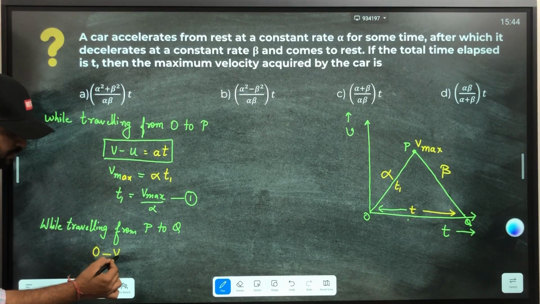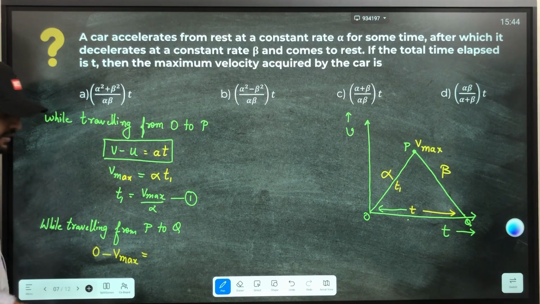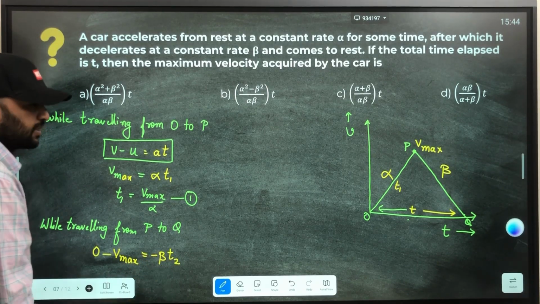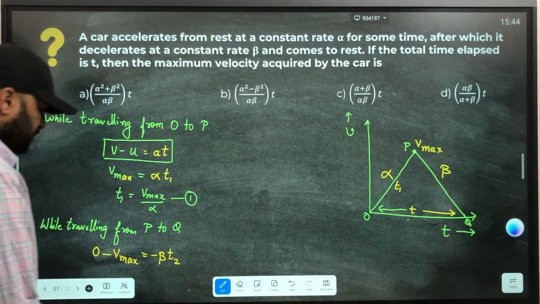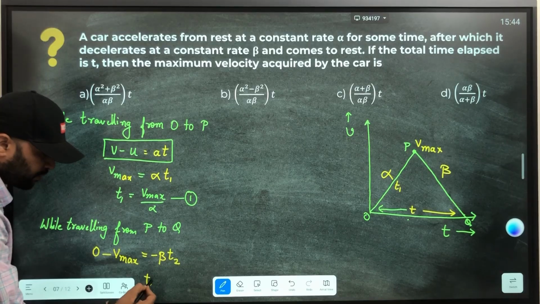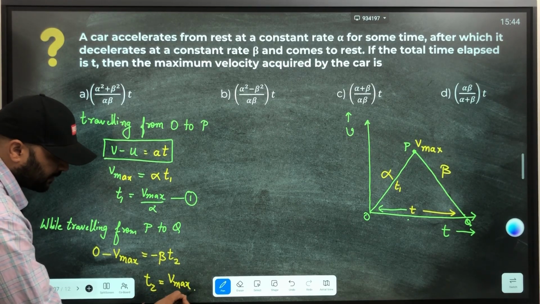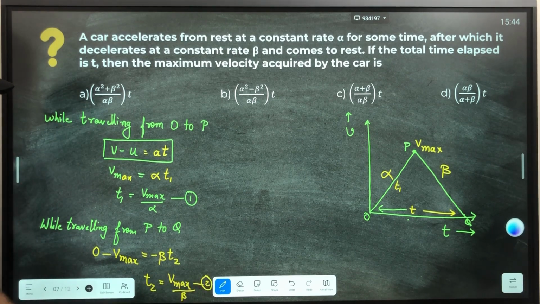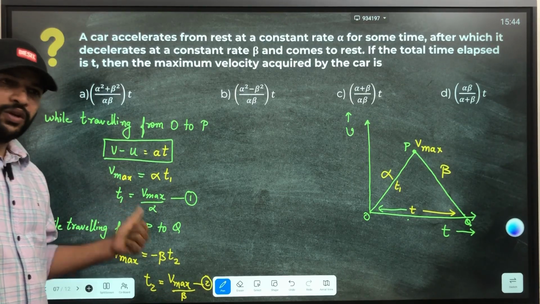Vmax was the initial velocity while traveling that particular distance. Deceleration is minus beta. Why are you putting a negative sign? Negative sign because it's a deceleration or retardation, right? So from here we can find T2 is equal to Vmax upon beta. I hope this is clear. This is our equation number 2. Understood? So T2 is Vmax upon beta and T1 is Vmax upon alpha.